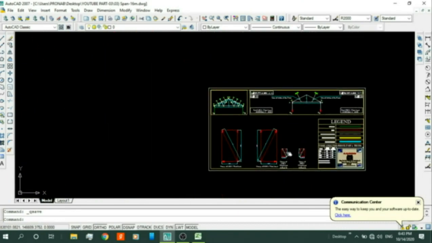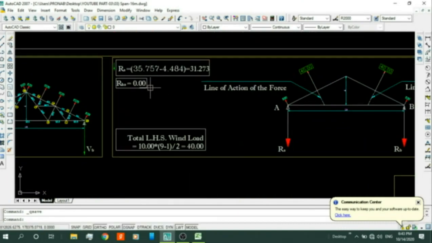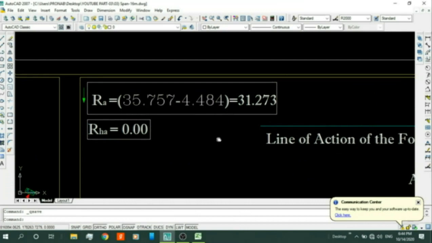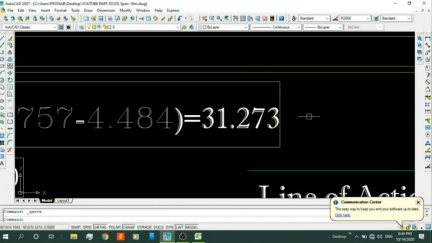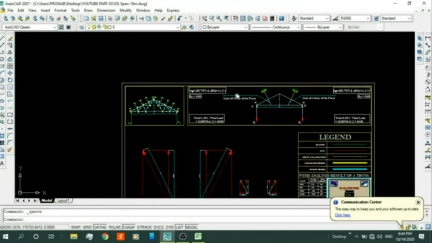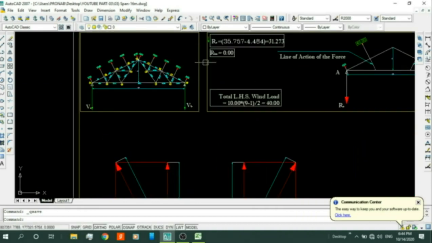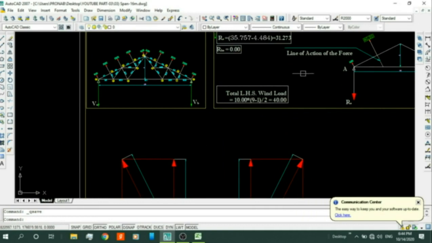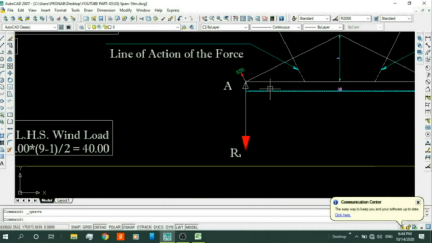So net reaction at A or B is equal to 35.757 minus 4.484, which is 31.273 kilonewton. Since the load is symmetrical, no horizontal reaction developed here or here.